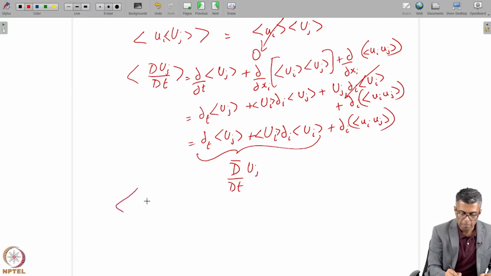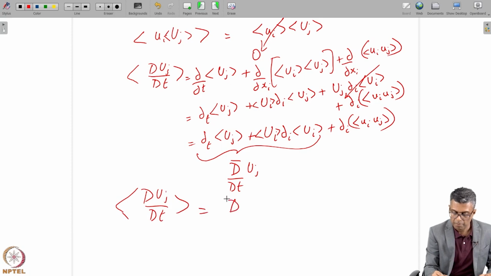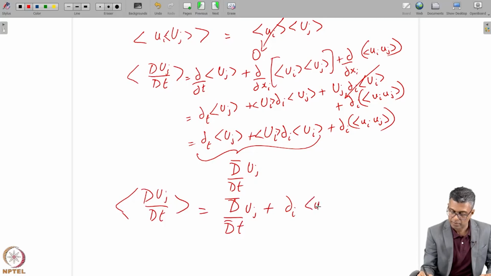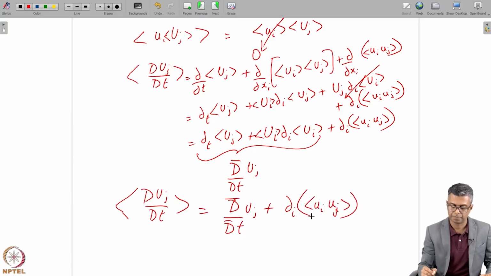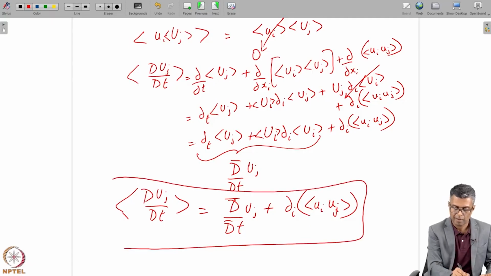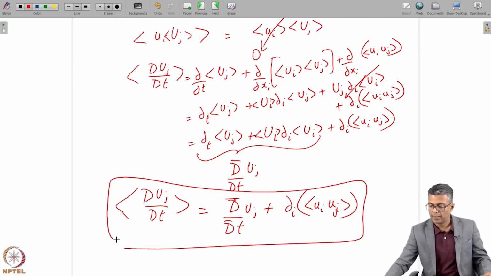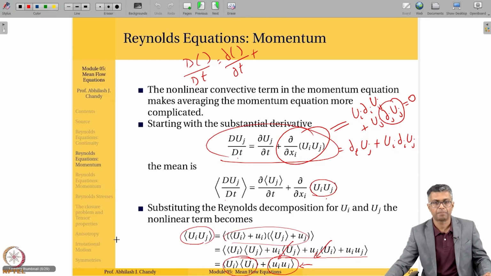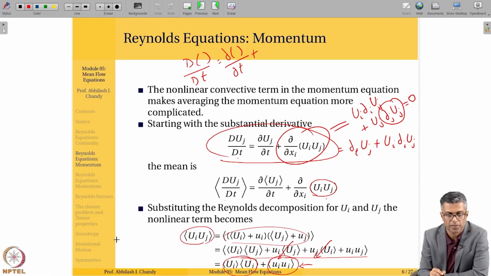So the mean of the substantial derivative is equal to the mean substantial derivative of Uj plus the Reynolds stresses derivative, of course. That's what we end up getting if you have it like this.